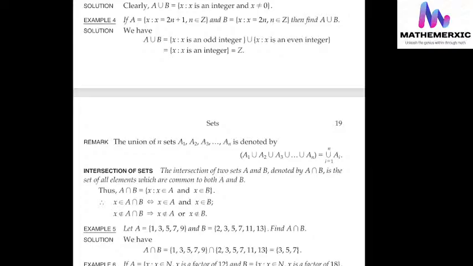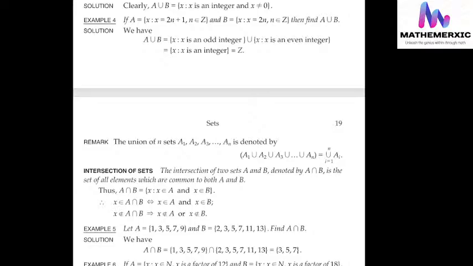Now whenever we have multiple sets, the union of n sets, that is A1, A2, A3, A4, A5, An, is denoted by A1 union A2 union A3 union A4 union An.